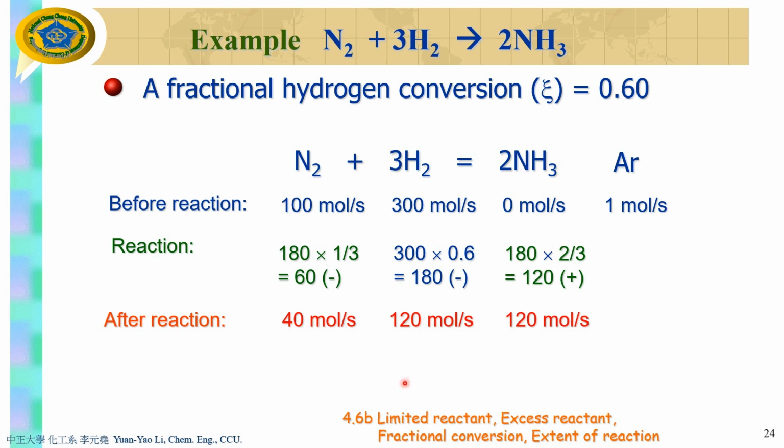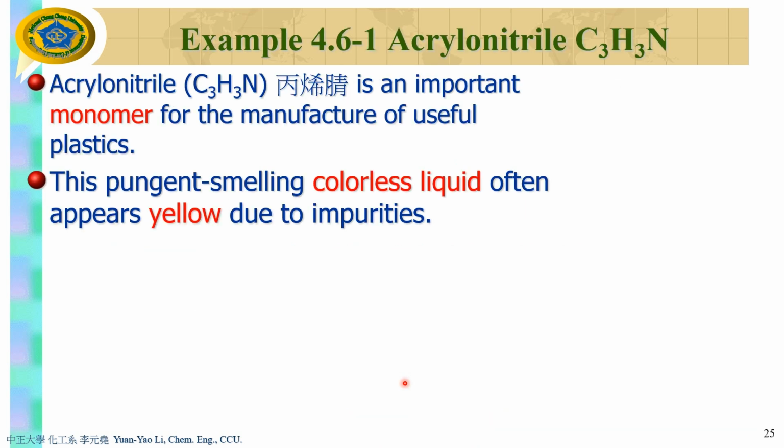I might want to ask you what is the fractional conversion of the hydrogen in this case? You need to remember the equation and then tell me the answer, right? Hope you remember the equation.